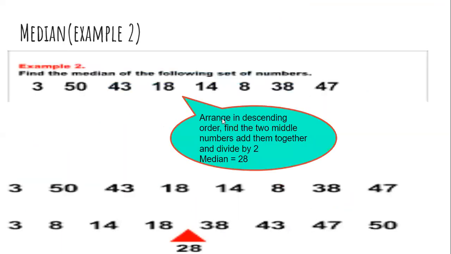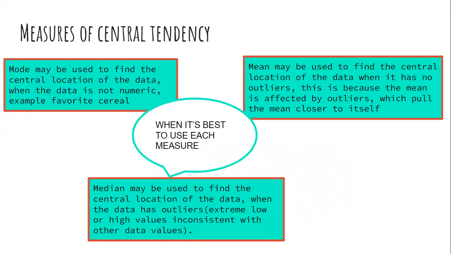So outliers pull and tamper with the mean. It's best not to use the mean when there are outliers, but to only use the mean when there aren't any outliers.